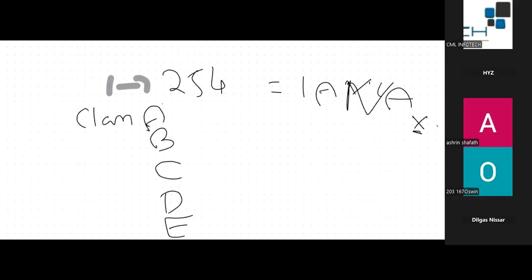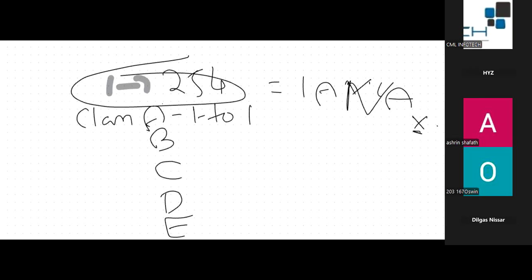In the second, third, and fourth octets, you can write anything between 1 and 254. For example, class A is 1 to 127, but 127 is reserved for some other purpose, so availability is until 126.